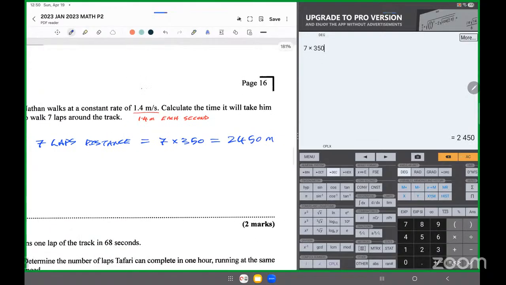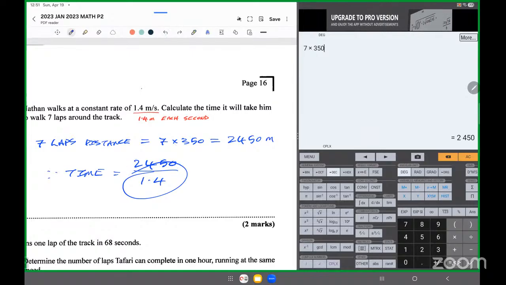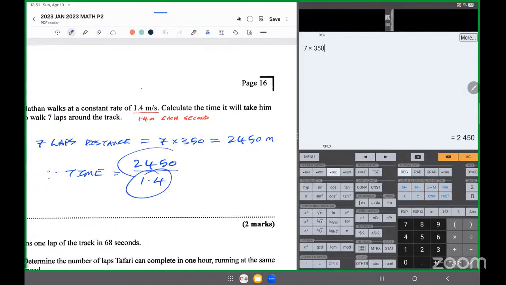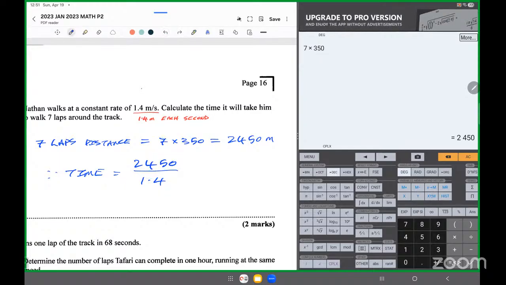Now you want to know how long it takes, so divide that 2,450 by the speed. Therefore the time equals 2,450 over the speed of 1.4 meters. Every second is 1.4, so you want to know how many 1.4 meters are in this total distance. That gives you the time in seconds. So divide that by 1.4, and you get 1750 seconds.